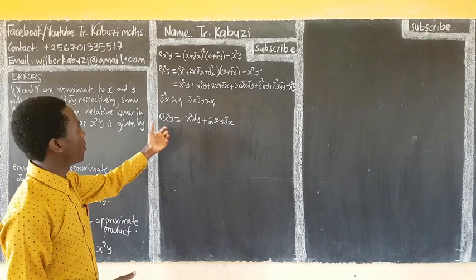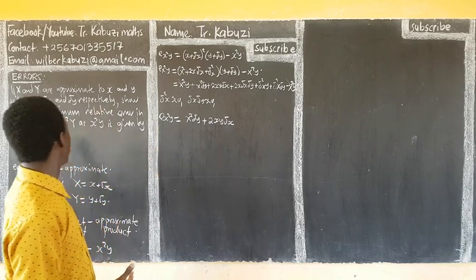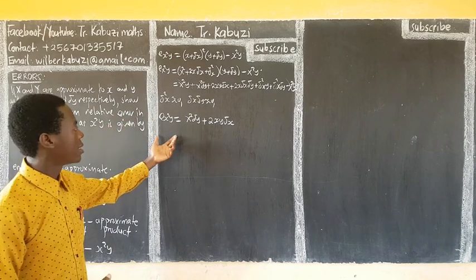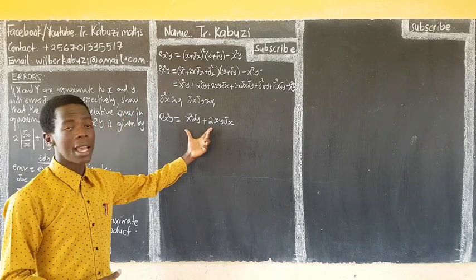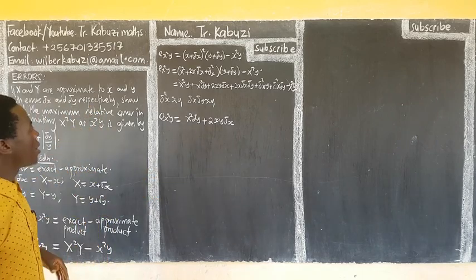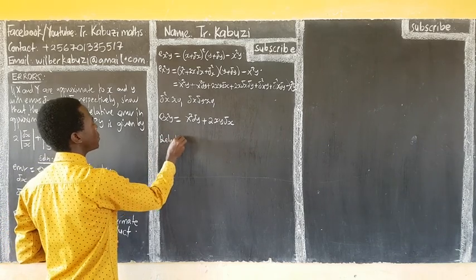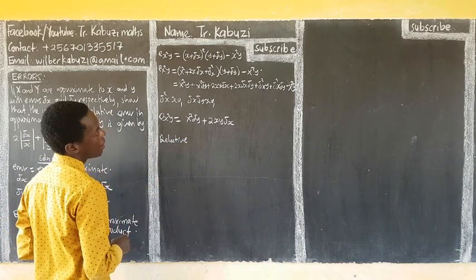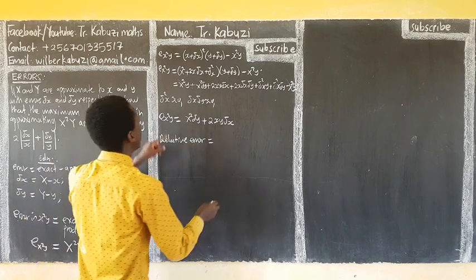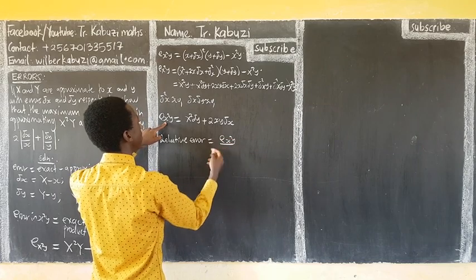So now, from here, you can get the absolute error if you want, but we are interested in getting the maximum relative error. So this is now the error. If you want the absolute value, you can take the absolute value of this. Now, to get the relative error, it is going to be given by the error divided by the value.